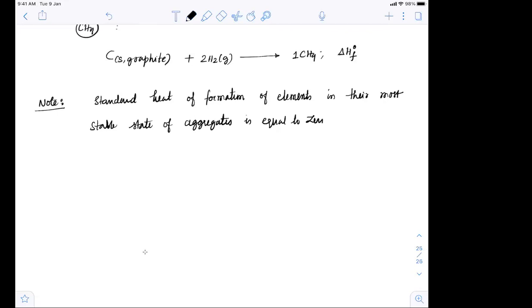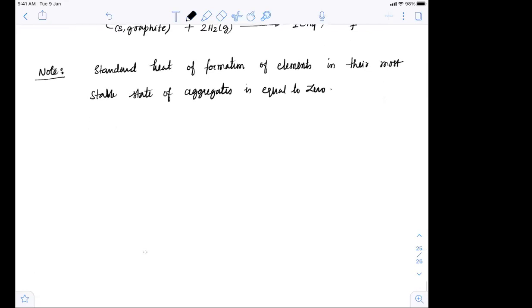This is how we write delta H formation is 0 for the following.